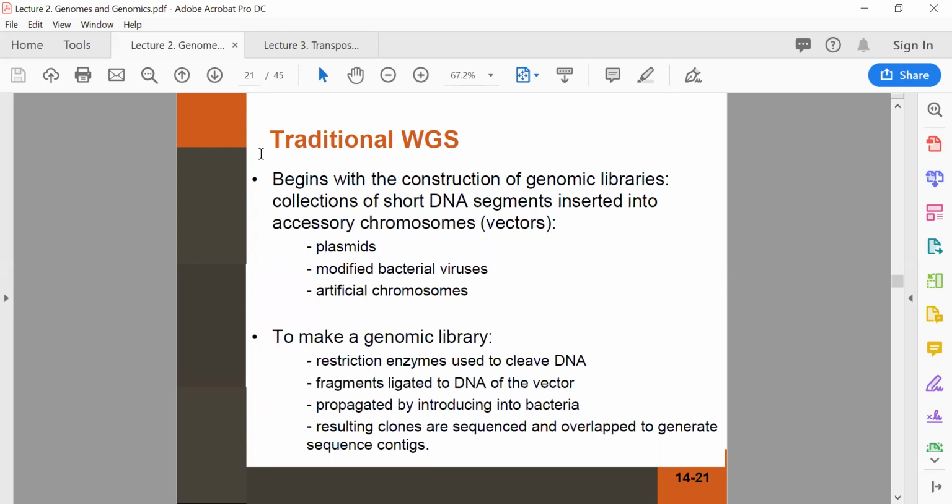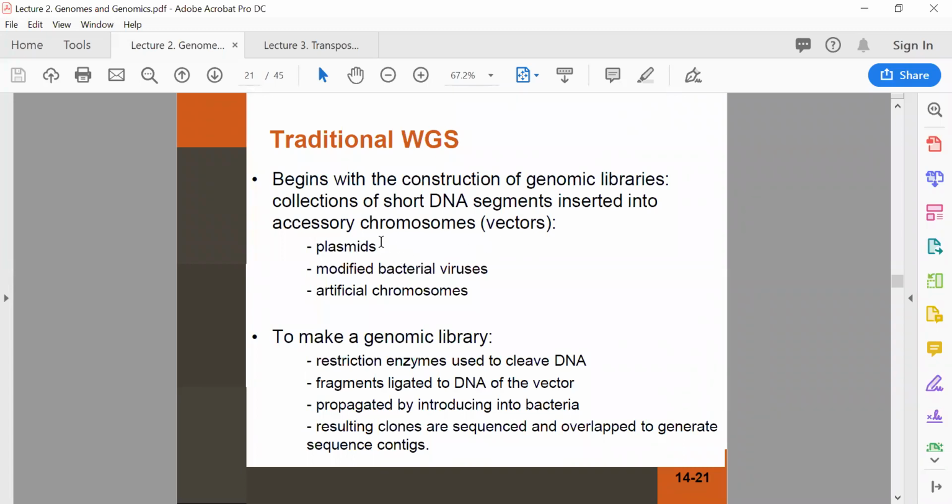And then those short DNA fragments are inserted into some sort of vector, in particular a vector that can be inserted into bacteria or yeast and then replicated to produce lots and lots of copies of that little DNA fragment.